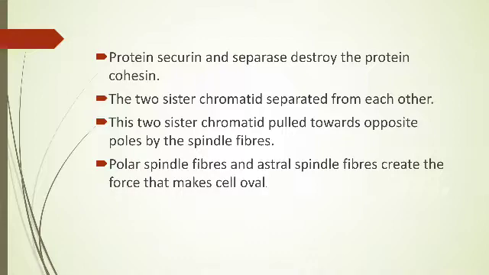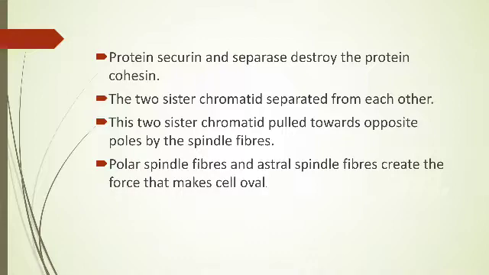Cohesin is the protein that helps to bind these two sister chromatids to each other, and if they should separate, then the cohesin must be broken down. The destruction of this cohesin protein is brought about by securin and separase, which are components of the proteasome protein complex.